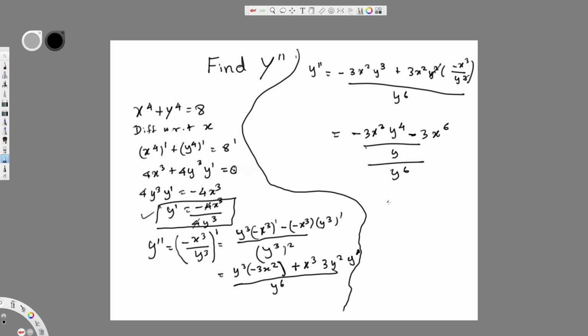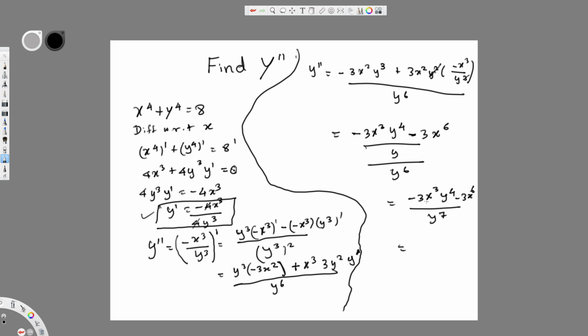I can bring this y down, so it's going to be minus 3x square y to the power of 4 minus 3x to the power of 5 over y to the power of 7.